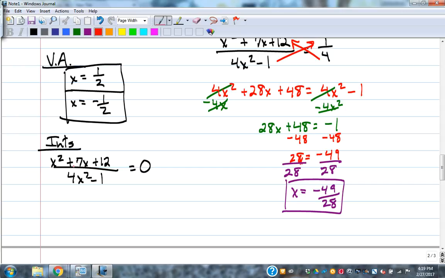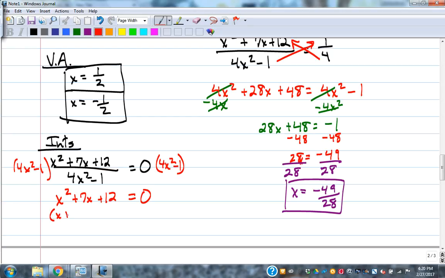What happens with that denominator when I cross multiply, or multiply by the denominator? What's 0 times 4x squared minus 1? 0. So the shortcut that I'm trying to get you to see here is that it's really just the numerator that you set equal to 0 to get the x-intercepts. The denominator really doesn't have anything to do with the x-intercepts. So to get the x-intercepts, set the numerator equal to 0 and solve that.